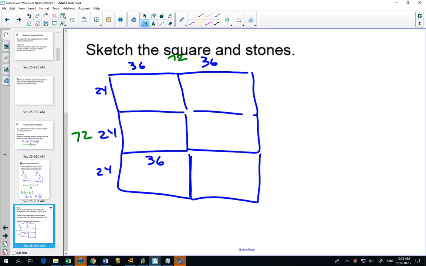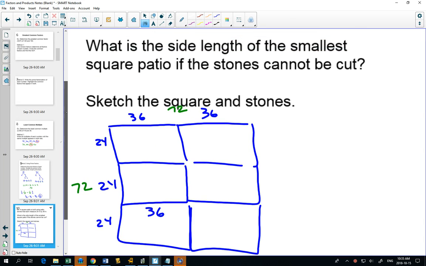So the question was asking, what is the side length of the smallest square patio if the stones cannot be cut? The side length is 72 inches.